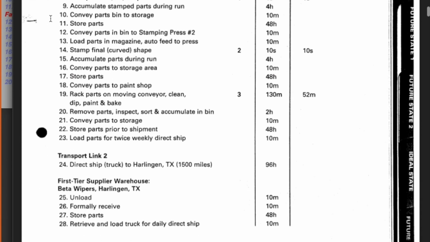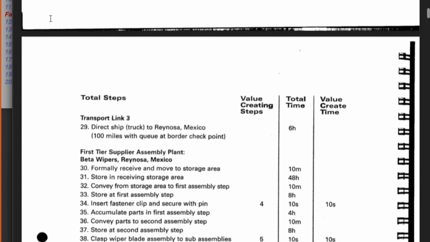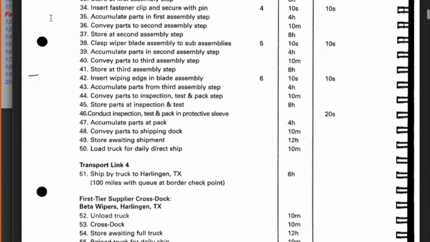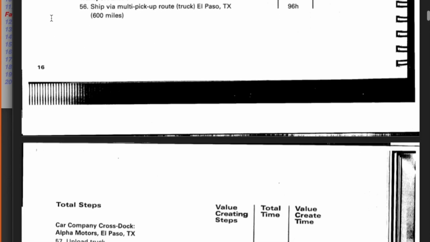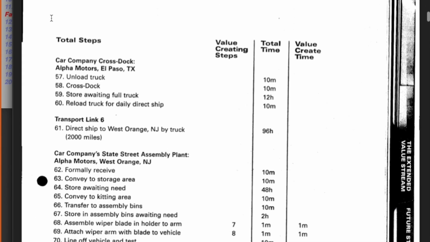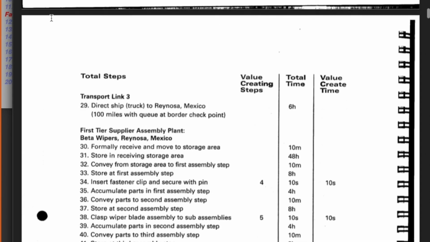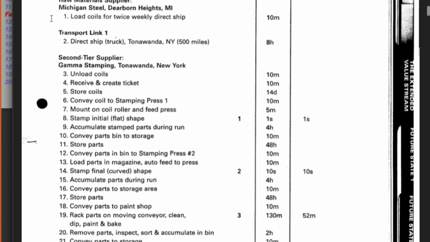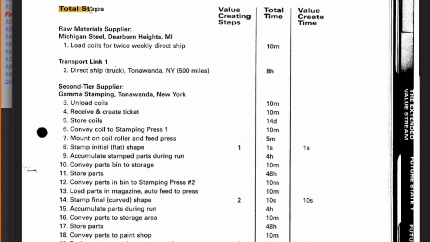And this list of actions is what you perform in your visit of the facilities. Okay, so you see you have a list of, let's say, steps. Then you map how many value creating steps, you map the total time of each step, and you map the value creating time. And try to be as accurate as possible.